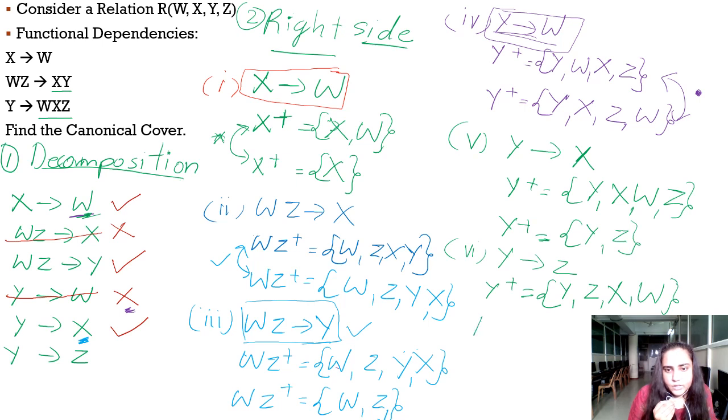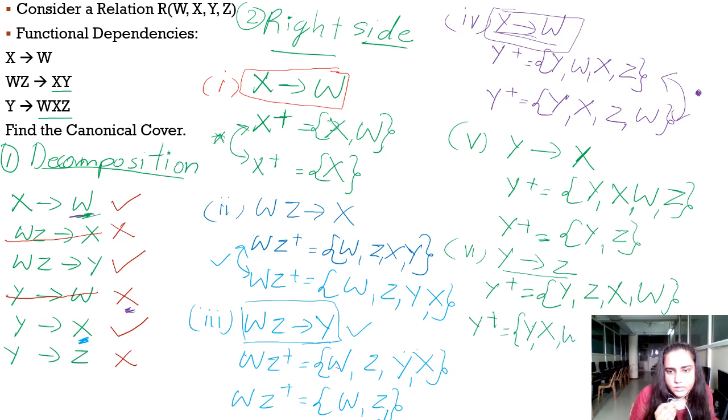Now let me calculate Y plus without using this dependency right here. So I'm going to put a cross mark here just for this example. Now without it, can I get the same result? Y plus will obviously contain Y. Using that I can put X also because of the second last dependency.